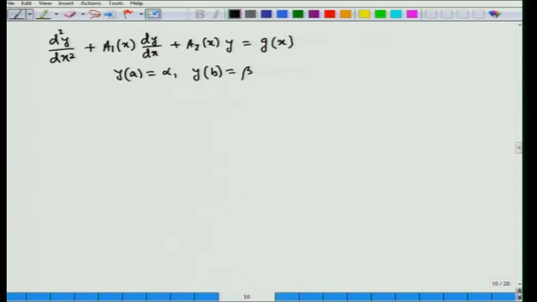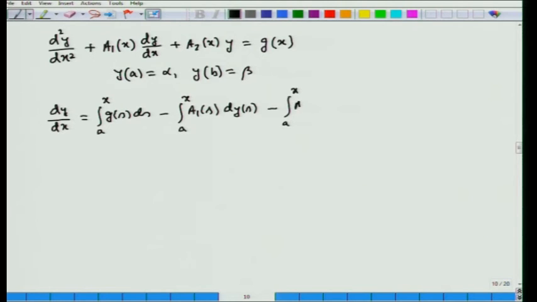First of all, integrating the given differential equation, we can find dy dx, which is equal to integral a to x g s ds minus integral a to x a1 s d of y s minus integral a to x a2 s y s ds plus c1, because dy dx at x equal to a is not known.